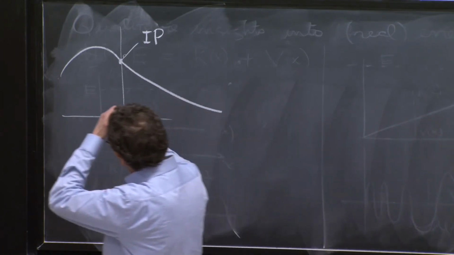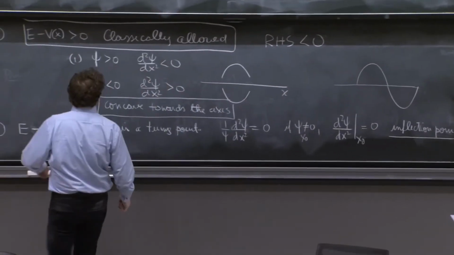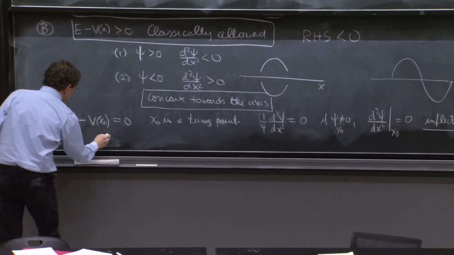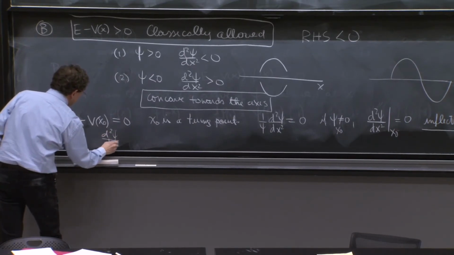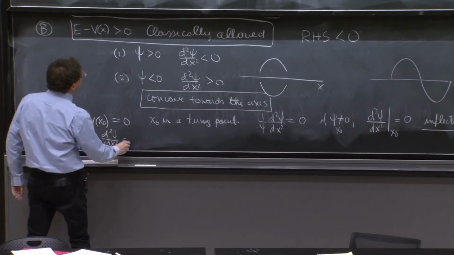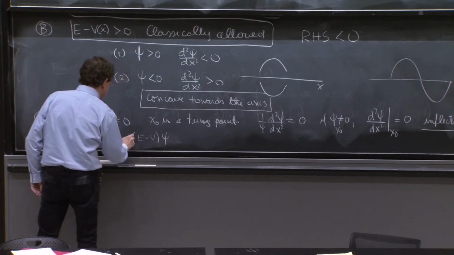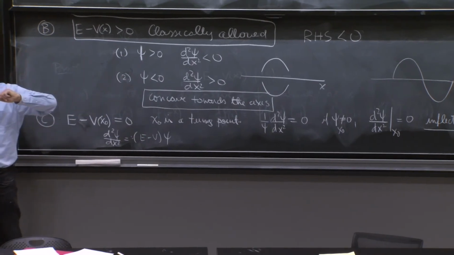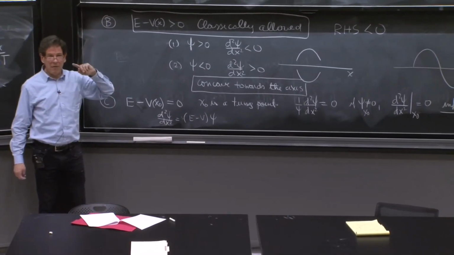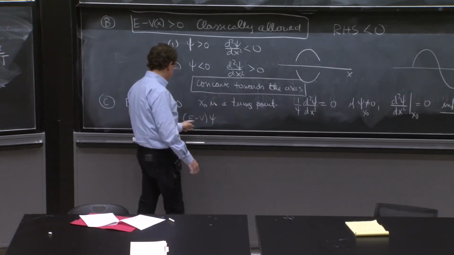It should be remarked that from that differential equation, you also get that the second derivative d squared psi dx squared is equal to E minus V times psi, with its constants, and therefore when psi vanishes, you also get inflection points automatically, because the second derivative vanishes.